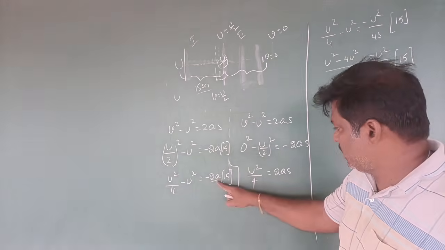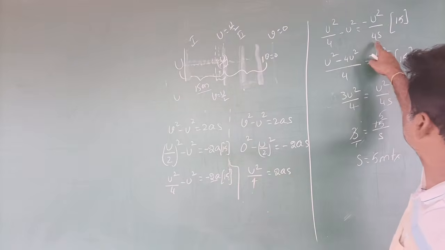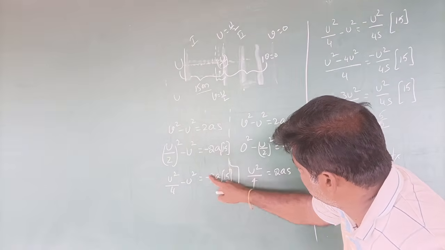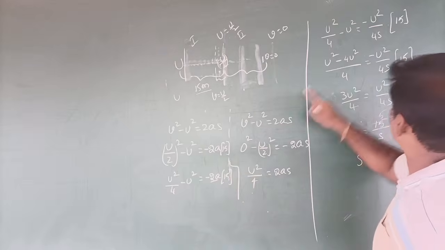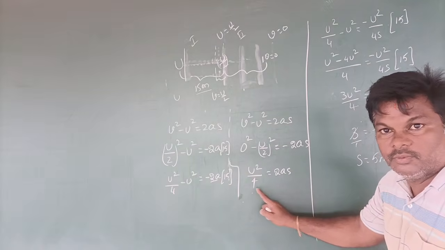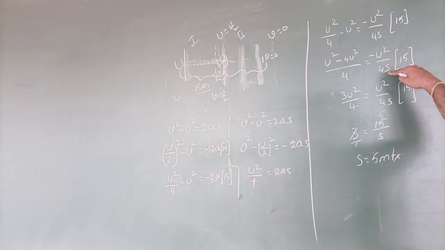Instead of writing 2a, we are substituting the value of u square by 4s. So u square by 4 minus u square is equal to, instead of this 2a, minus 15 as such, this 2a is replaced with u square by 4s.